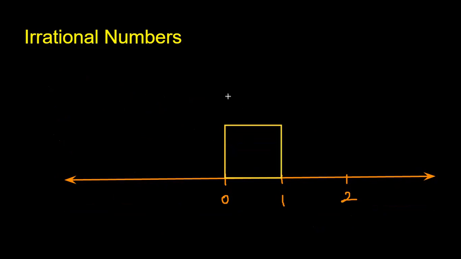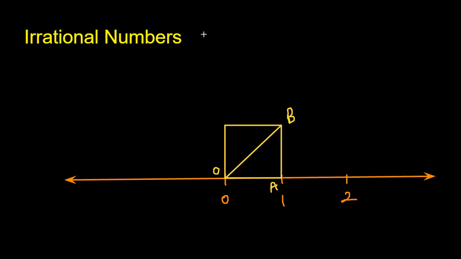Now, let's name this point as O, this is A and B. Can we find the diagonal of this square, this length?